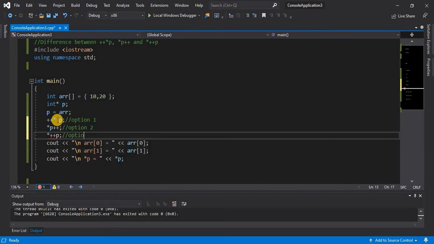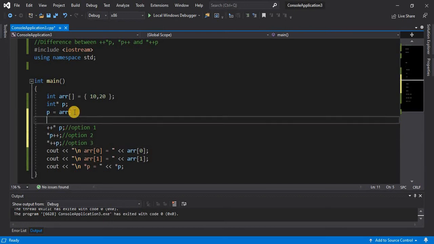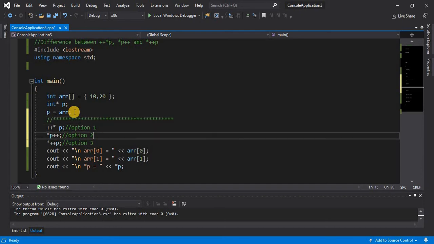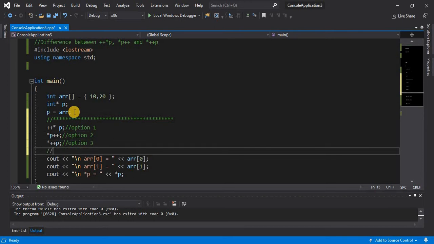This will be your option 3. These are the three options that we want to explore, to see what will be the output of these three.